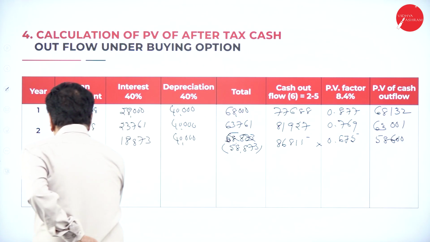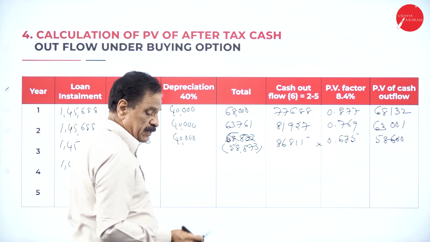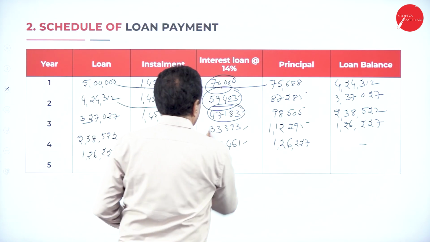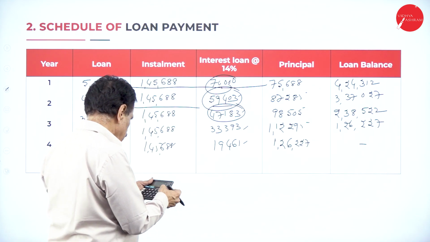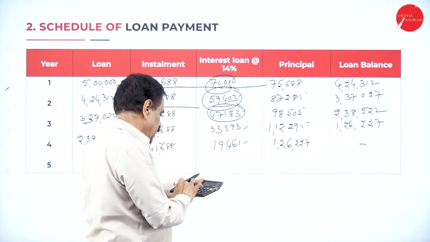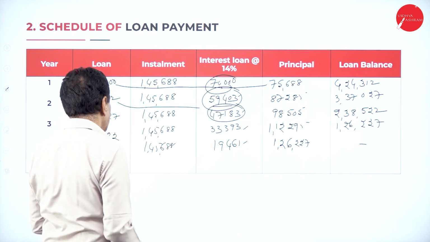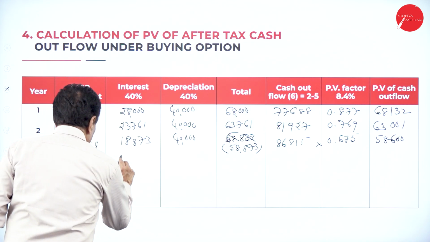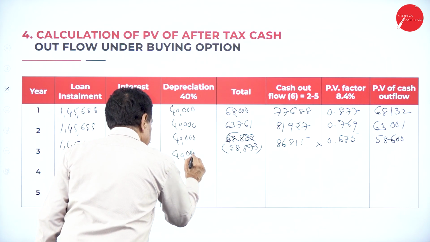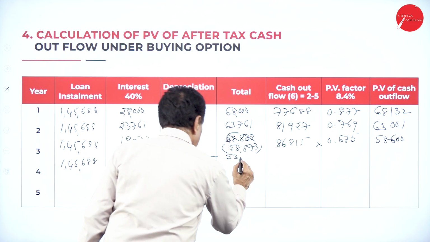Fourth year, 1,45,688. So 40% of the fourth year interest, 33,393: 33,393 into 40 divided by 100 is 13,357. 13,357 plus 40,000 is 53,357.